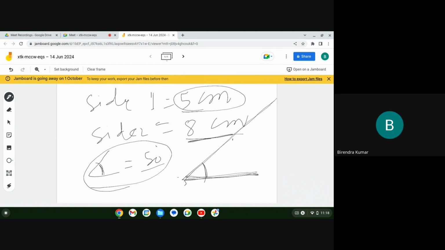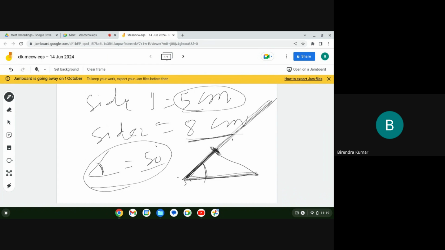Second side is 8 centimeter, sorry, this base was 8 centimeter. Second side was 5 centimeter. What will you do? On this line where you have made the angle, see where the 5 centimeter is. Mark where it makes it 5 centimeter from here. Just join them. Done.